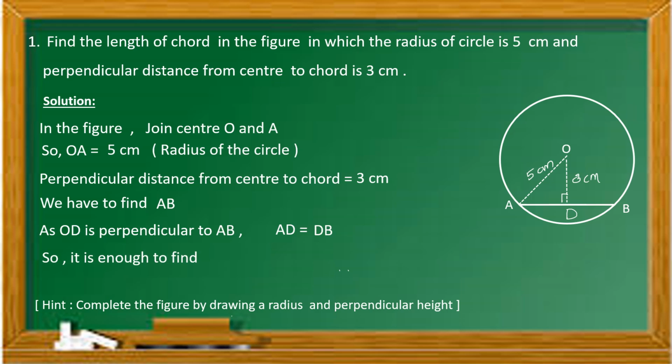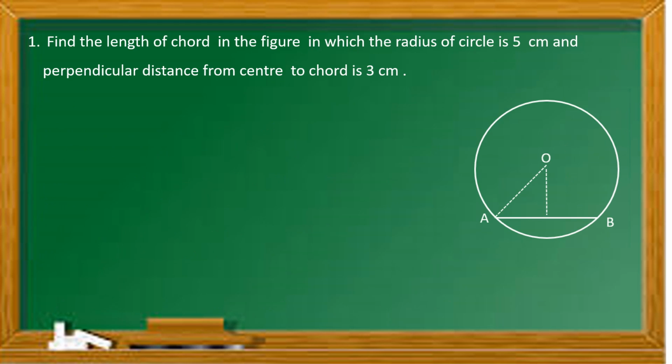And so, in order to find AB, it is enough to find which one? AD, isn't it? And now my question is, how will you find AD? Let's consider, yes, the right triangle AOD. And this is 5 cm, this is 3 cm. And how will you proceed?